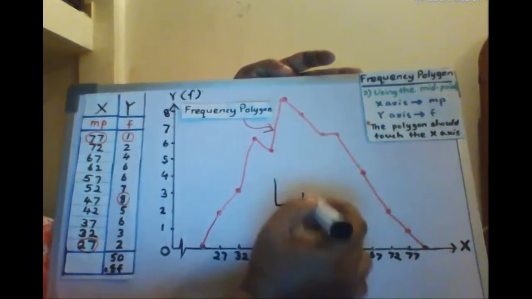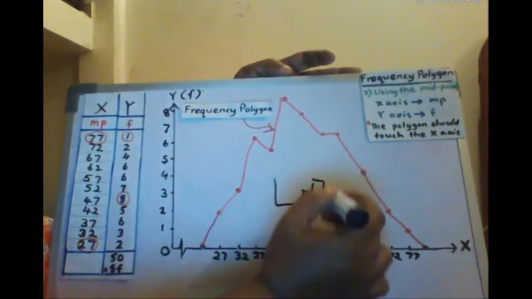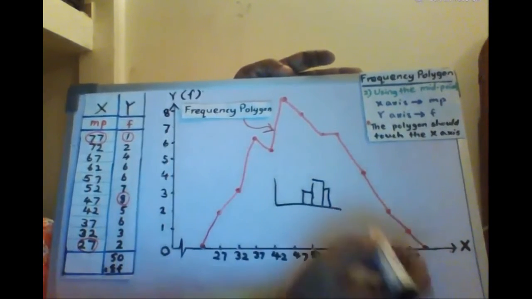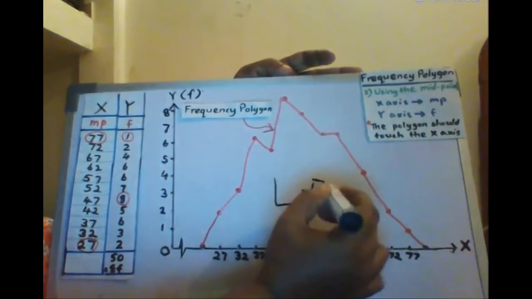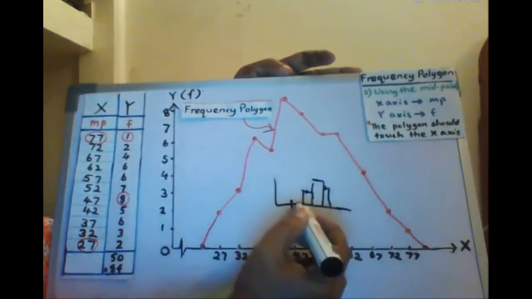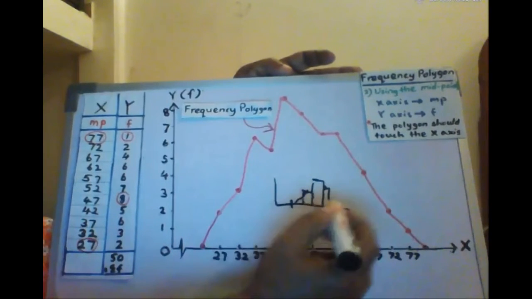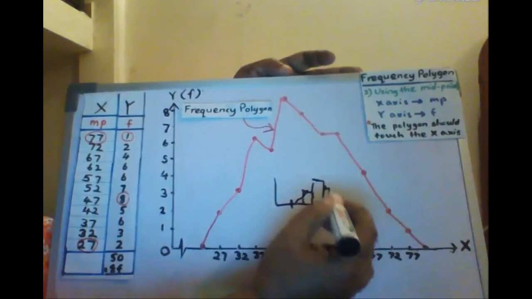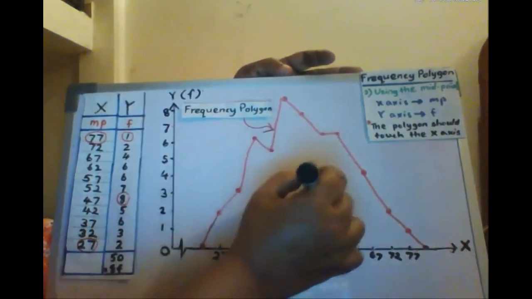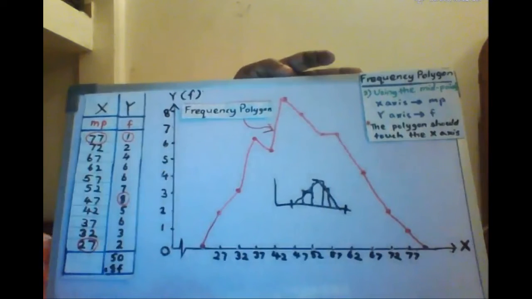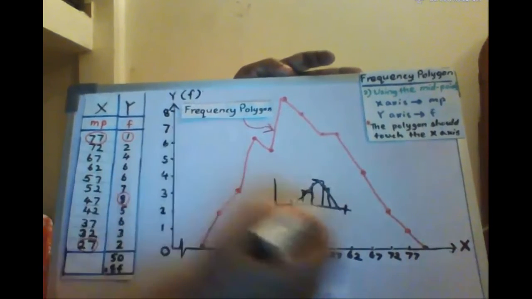This is the one. The histogram is like this, and here you will have to mark all the midpoints here, and this is the extra value, midpoint here, extra value, midpoint here, join, right? So marks will be given like this.